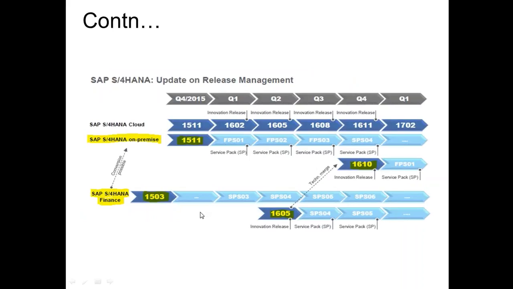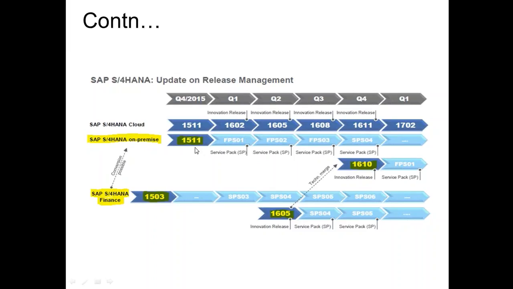This is the SAP S/4HANA update on release management. Here I'm comparing the releases of these two, SAP S/4HANA Cloud and SAP S/4HANA On-Premise. In S/4HANA Cloud we have a quarterly release, as you see: 16.02, 16.05, 16.08, 16.11, like this, released every quarter.